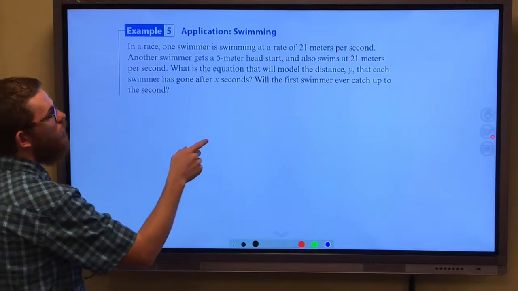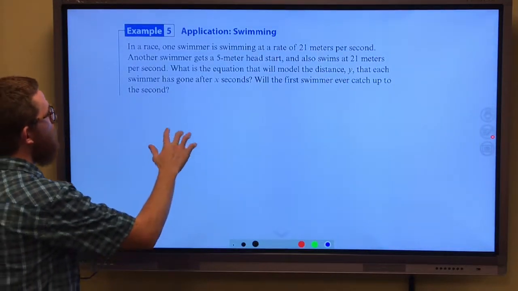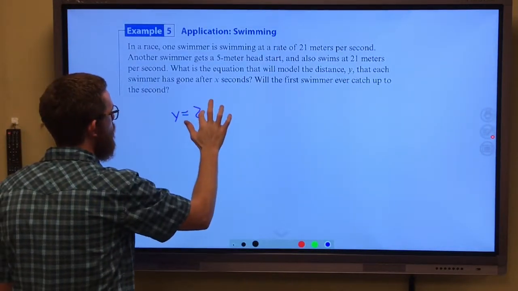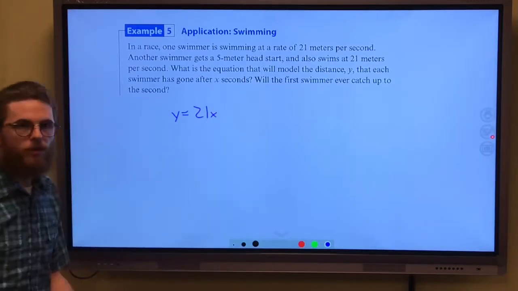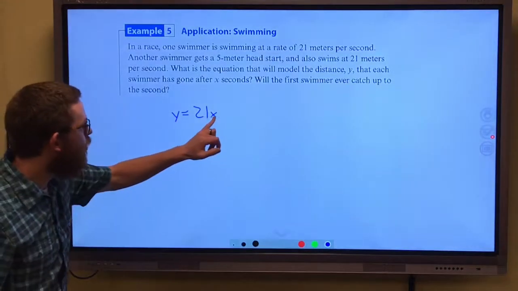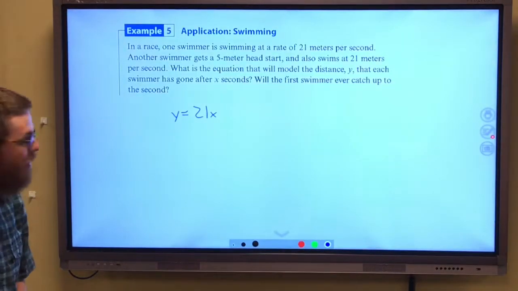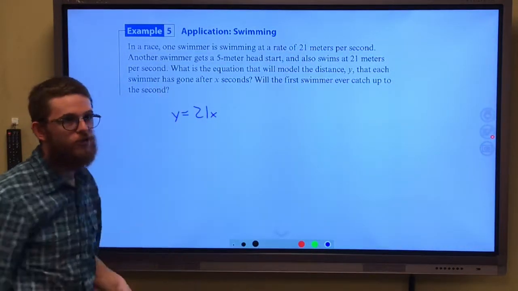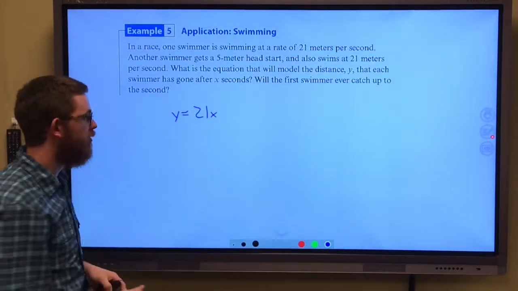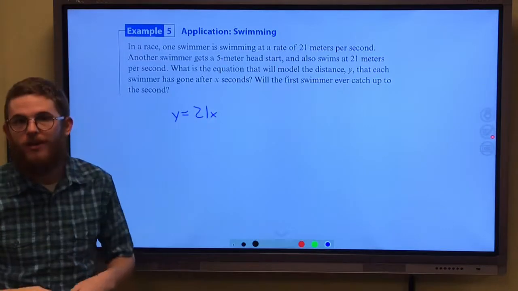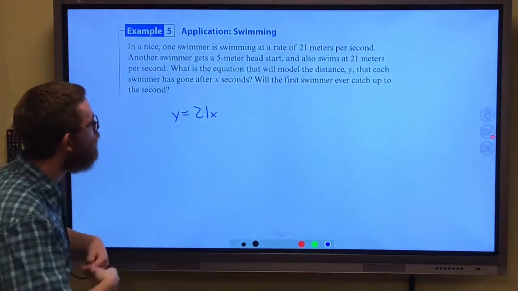Well, they're both going to be going 21 meters per second. So after 2 seconds, they'll have gone 42 meters. After 3 seconds, they'll have gone 63 meters, and so on.